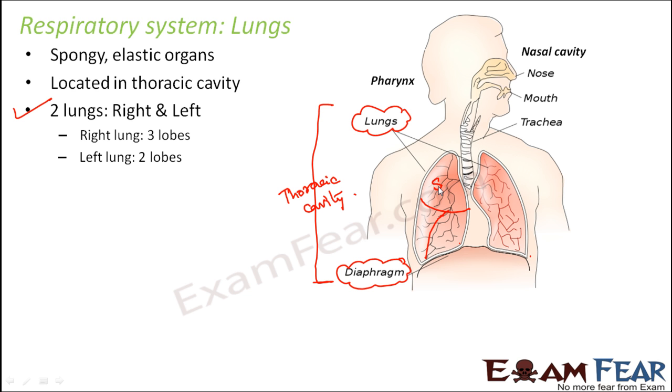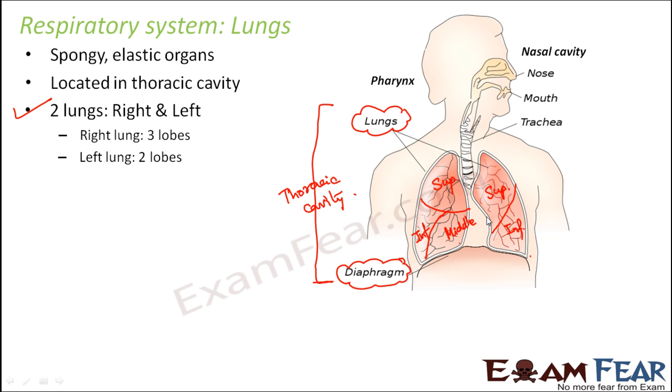This is called the superior lobe, which is located towards the top side. This is the inferior lobe, and this one is the middle lobe. So these are the three lobes on the right lung. Similarly, the left lung has only two lobes, the superior lobe and the inferior lobe.